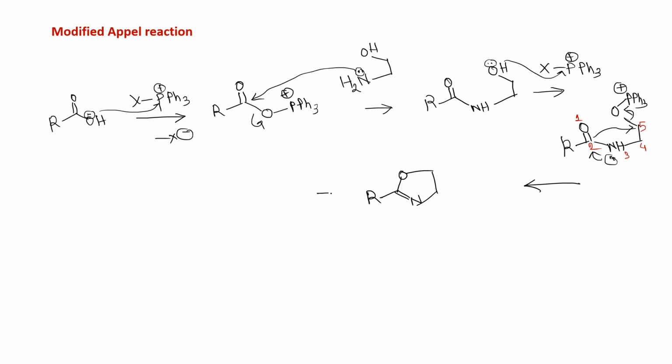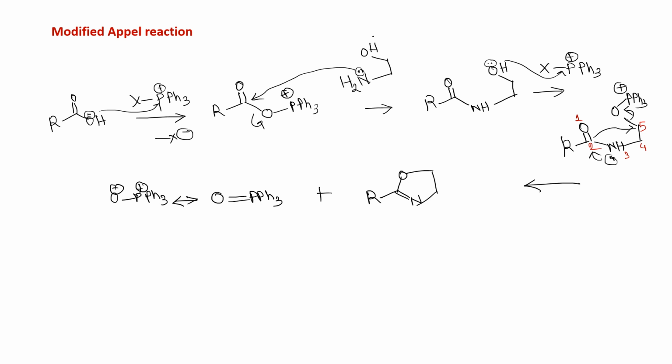And the fate of the other part of this molecule is, first you can write it, there is negative charge over oxygen, so you can write it like this, O negative P plus PPh3, but if you put a double bond here, both are actually the same compound. So in this way we can also get a 5-member ring.